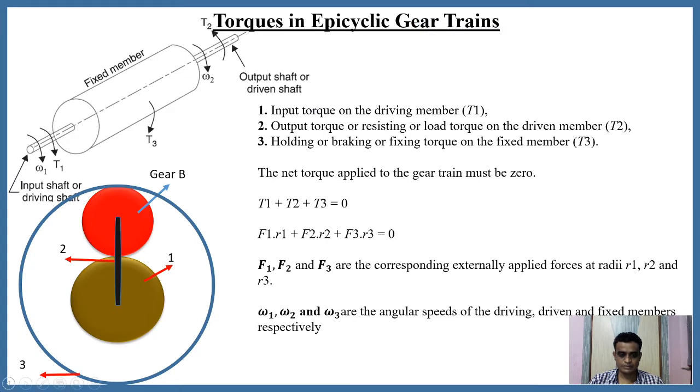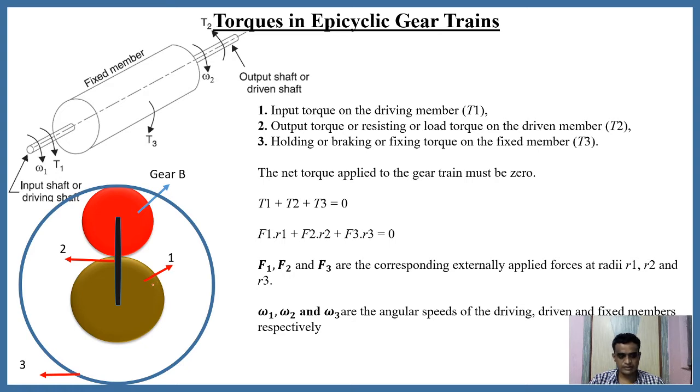Now I'll just mark with the pen. There are three torques acting on the epicyclic gear train. According to the application, there may be more than one member, that means more than two shafts, three shafts. Just try to understand. The first shaft is the input shaft, which is connected to the sun gear, the gear number 1.